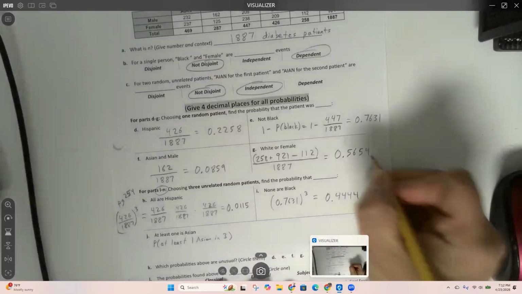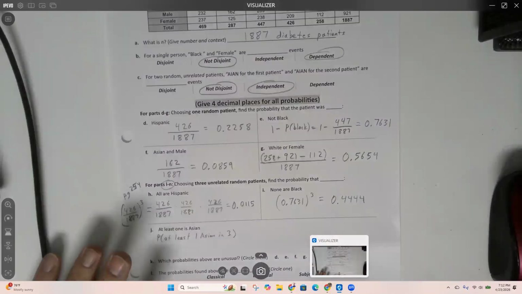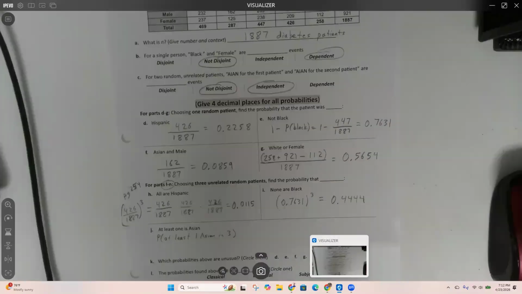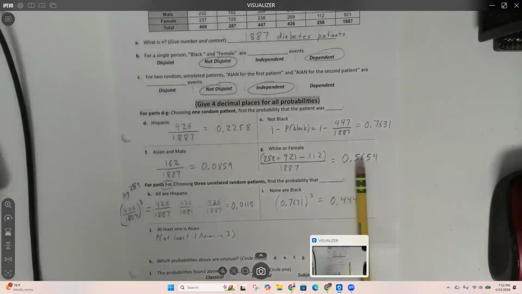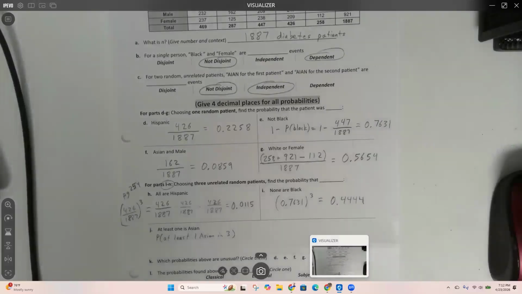Sorry. There we go. On test day, I am often not going to be grading your answer. If I can see that you put in 0.565 as your answer, I can tell that you knew what you were doing. This is not a rounding class. Yes, we do a lot of rounding, and that's because in statistics, we have a lot of decimals and a lot of decimals that go on forever.